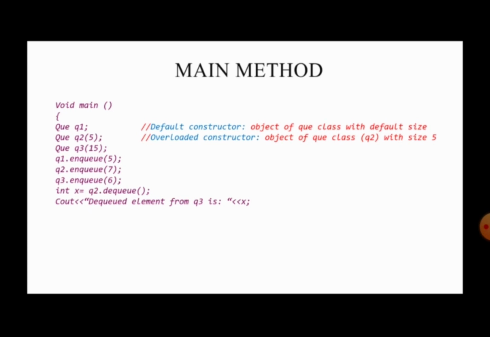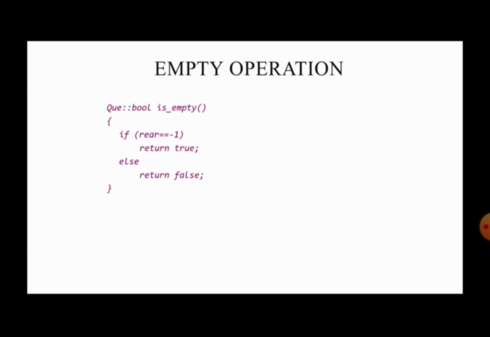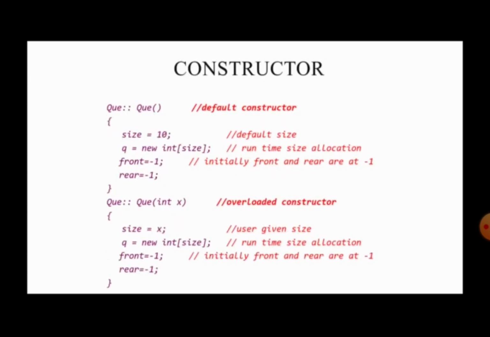Another is the q2 object, in which we are passing 5 as argument. That means it is an overloaded constructor. As we defined the overloaded constructor, and if you remember, the default constructor was the one in which we do not pass any argument, and the size of the queue in the default constructor is 10.